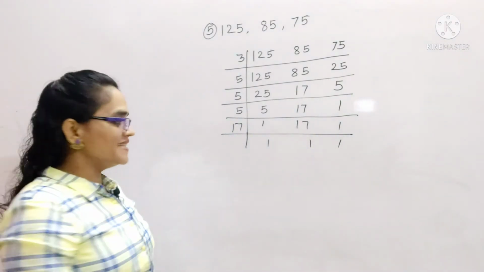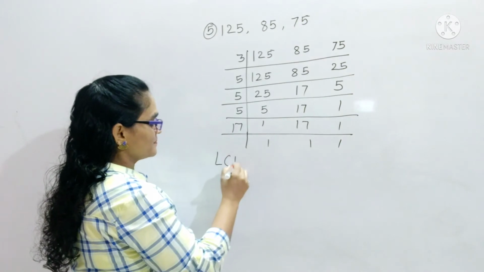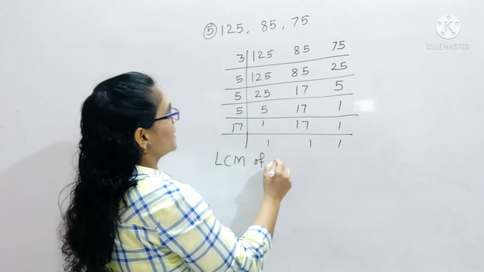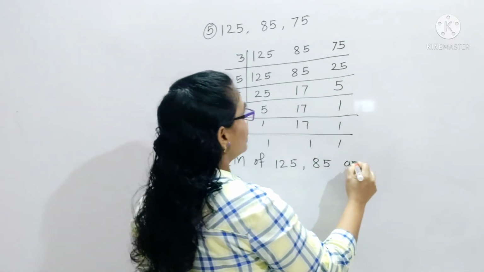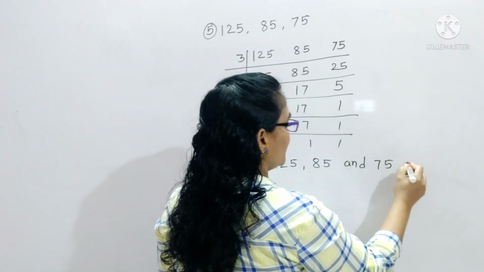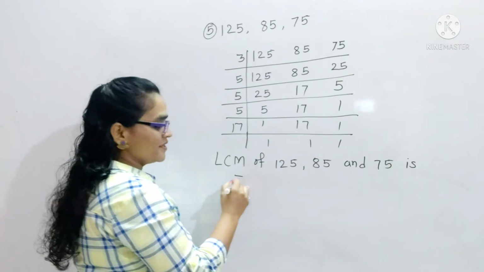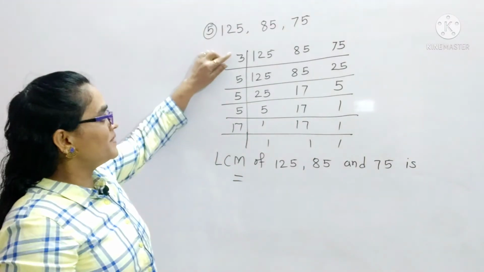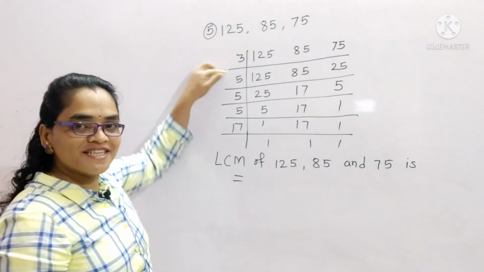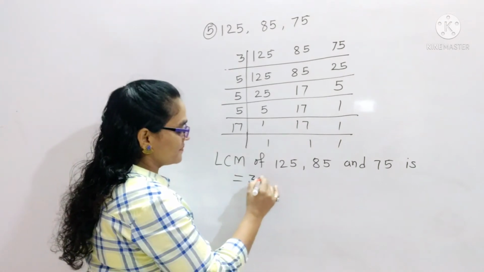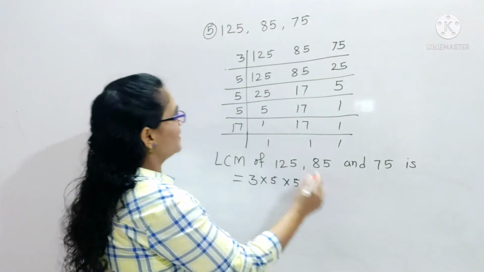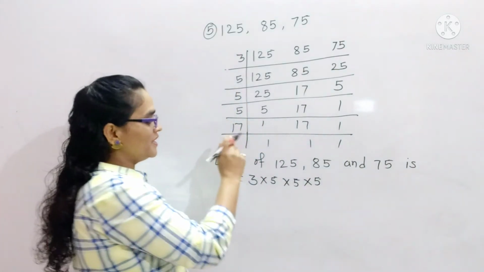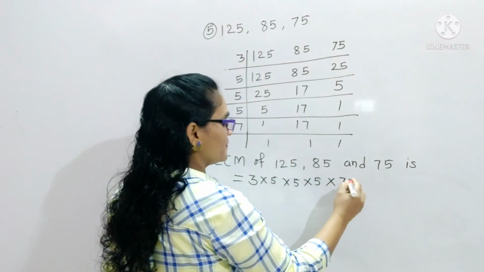Now see, LCM of 125, 85 and 75, what is the LCM? Multiply all these prime factors: 3 into 5 into 5 into 5, 1 2 3 times 5 into 17.